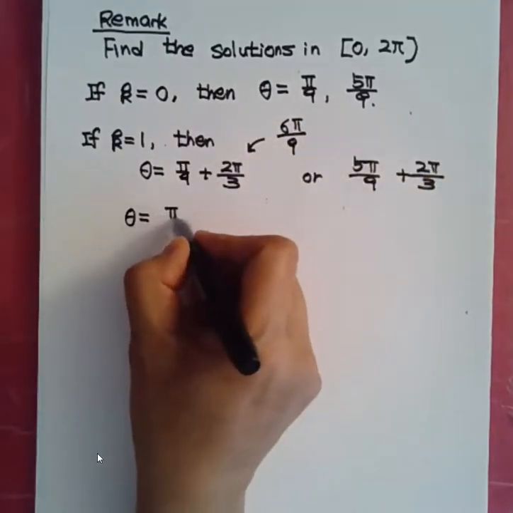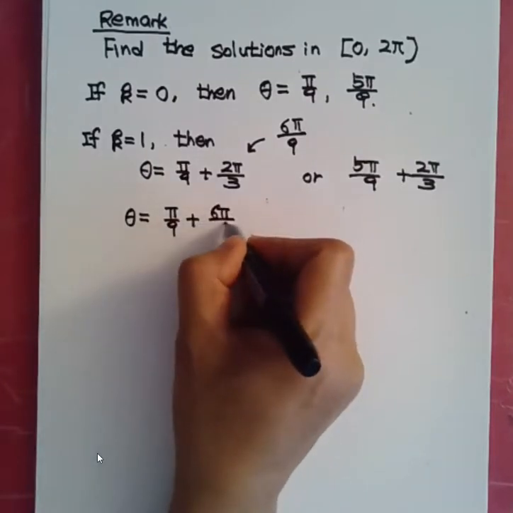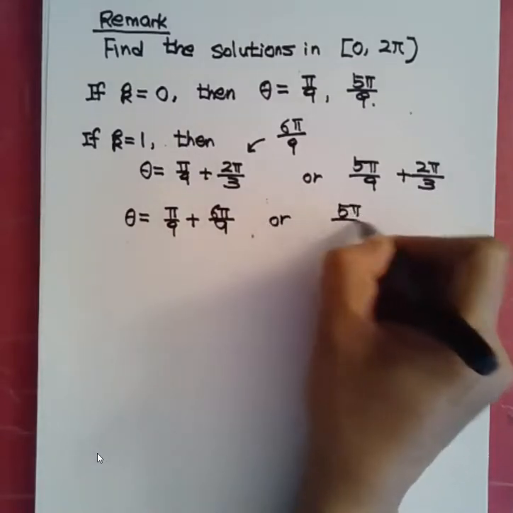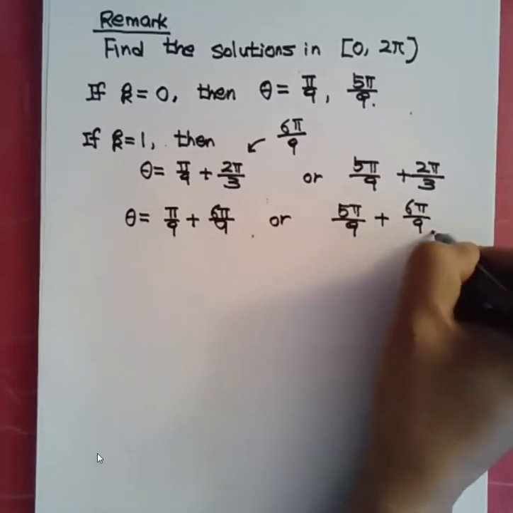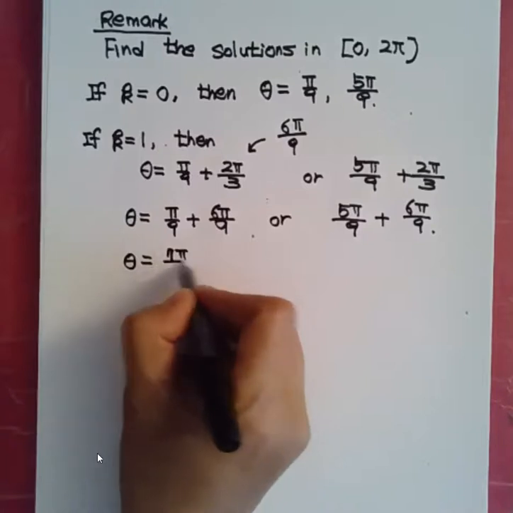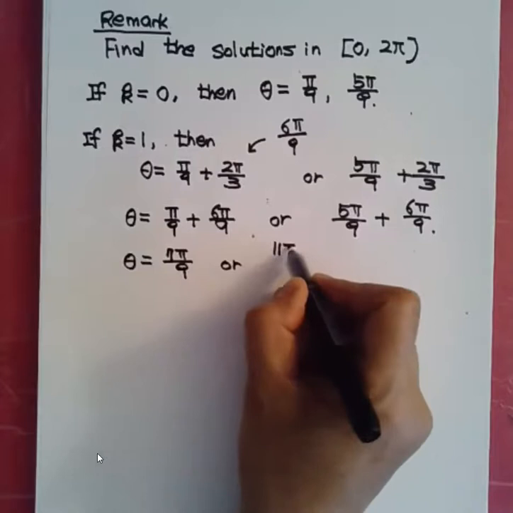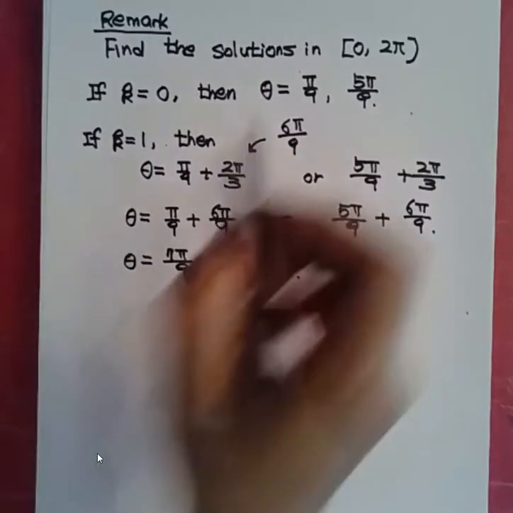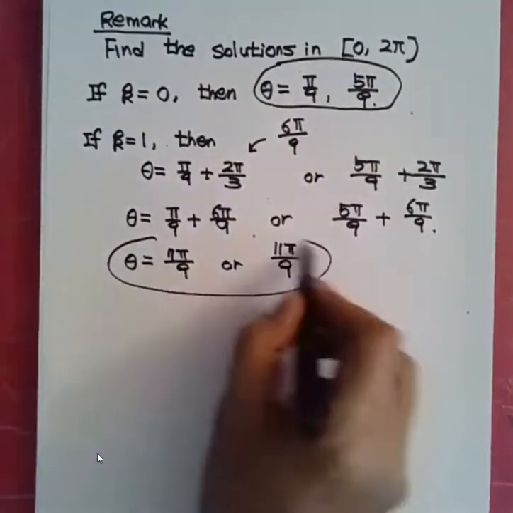So it becomes pi over 9 plus 6 pi over 9, or 5 pi over 9 plus 6 pi over 9. So theta equals 7 pi over 9, or 11 pi over 9. So currently we are getting 4 answers.